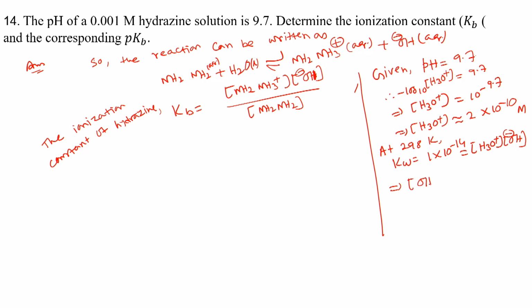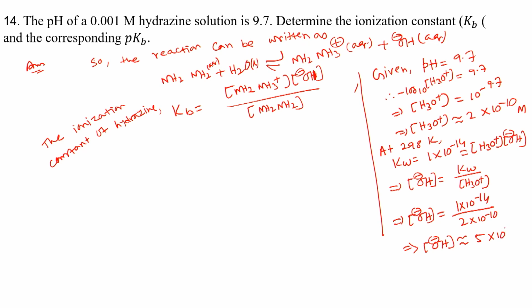It is Kw divided by the concentration of H3O plus, which is 1 times 10 to the minus 14 divided by 2 times 10 to the minus 10. So we get the concentration of OH minus roughly 5 times 10 to the minus 5 molar.